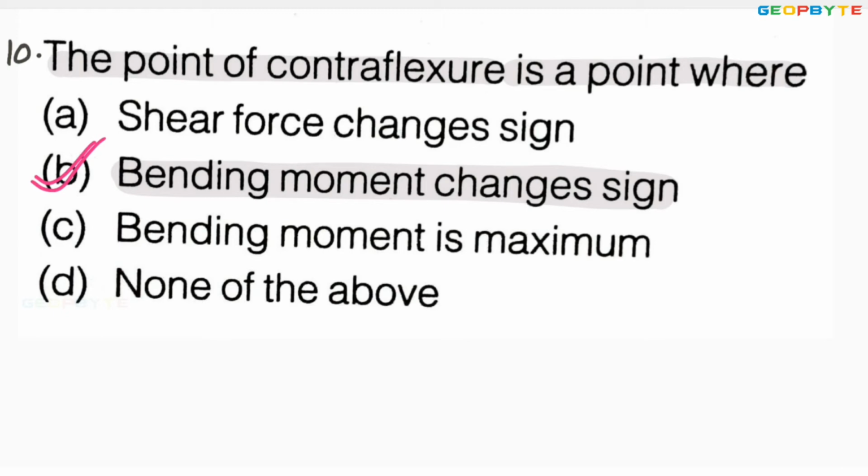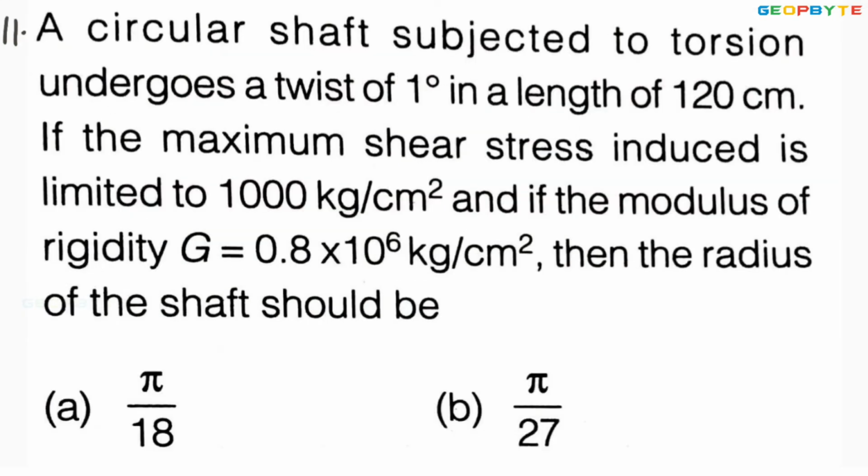Let us take another problem. Look at the next problem. A circular shaft subjected to torsion undergoes a twist of 1 degree. That means the angle of twist is given as 1 degree in a length of 120 centimeters. The length of the shaft is given as 120 centimeters.